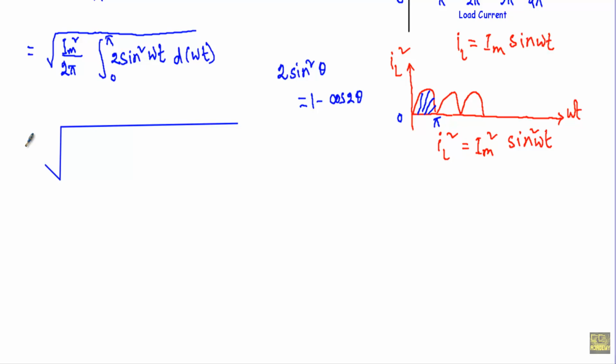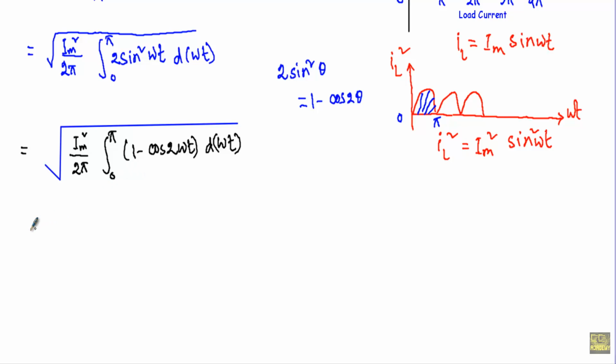So here I will get Im square divided by twice pi, integration of 0 to pi, 1 minus cos 2 omega t, and we will integrate it with respect to omega t.